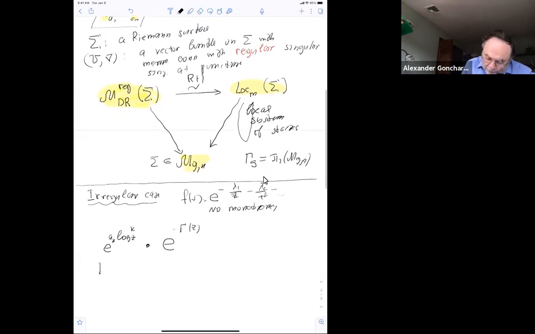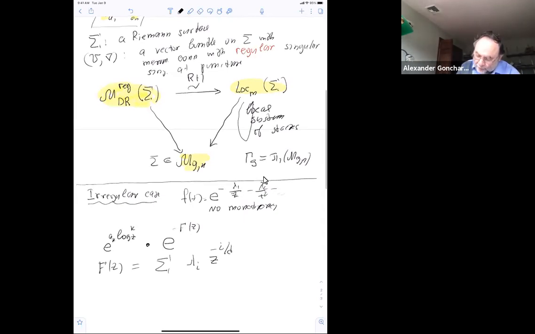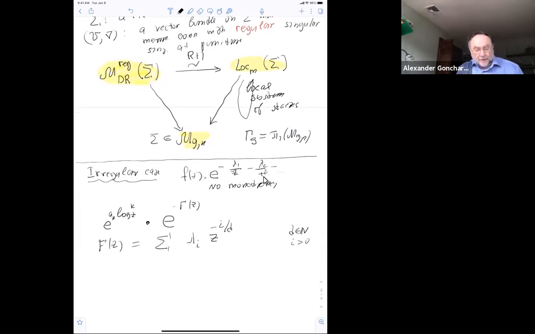And f of z is a Poisson series, some sum of lambda_i z to the i divided by d, where this is a Poisson series of negative exponents. So d is a given integer, and the i are integers bigger than 0, and this is a finite sum. So you can have such a Poisson series, and then this Poisson series produces some kind of topological invariant.